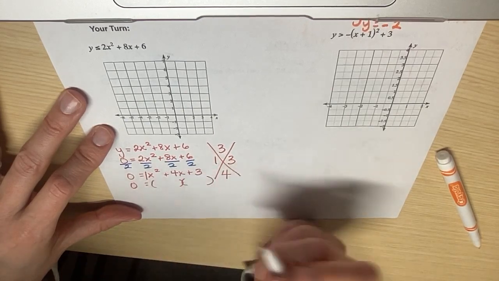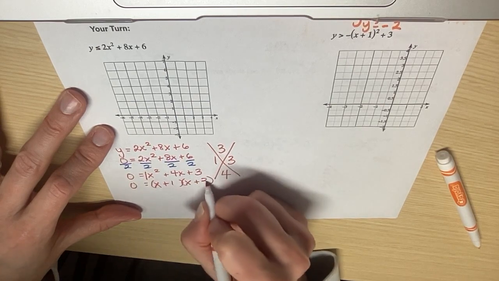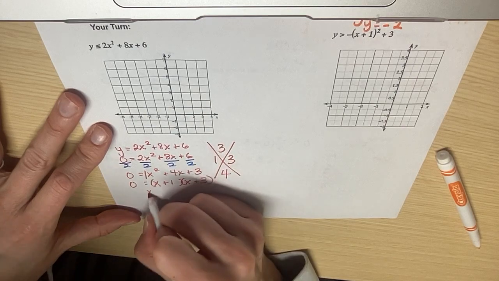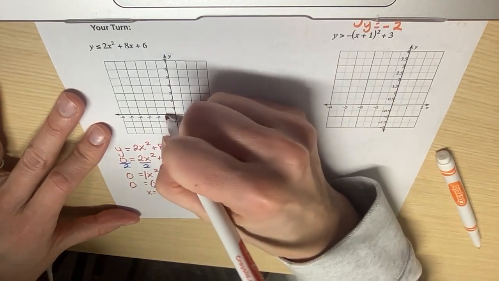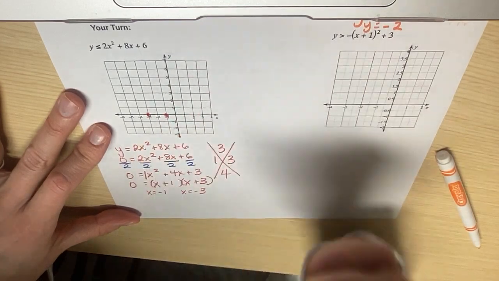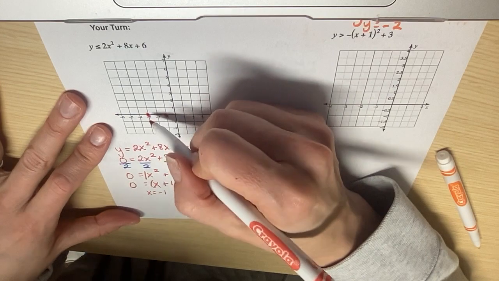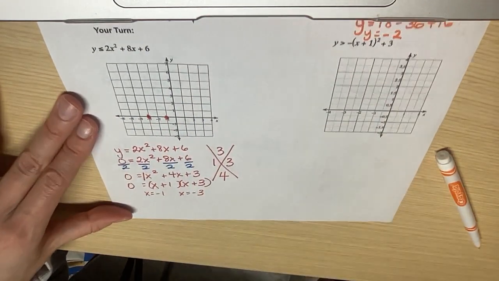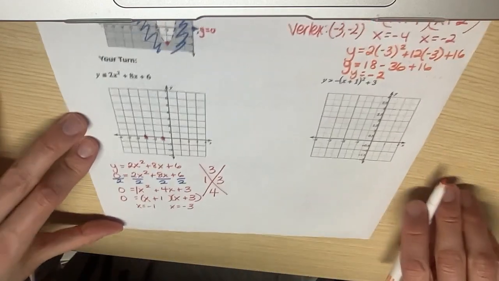And because I have a 1 in front of my x squared, I can do my easy factoring. And now I know my x-intercepts are -1 and -3. Okay, so right in the middle of -1 and -3 is -2. So that tells me that my vertex has an x of -2.